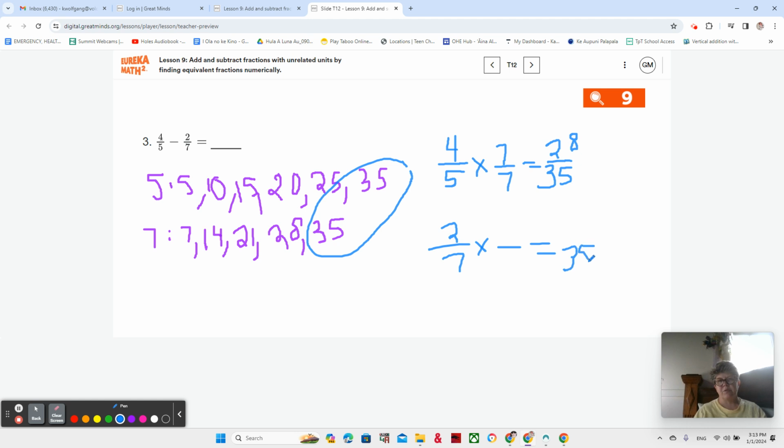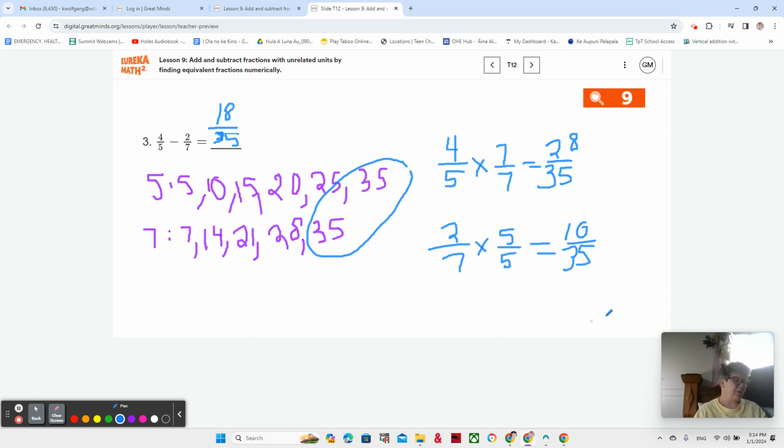And 7 times what is 35? 7 times 5 is 35. And 2 times 5 is 10. Now remember that I'm subtracting. So 28 minus 10 is 18 35ths. All right. And my top number is smaller than my bottom number, so I can leave it like that.